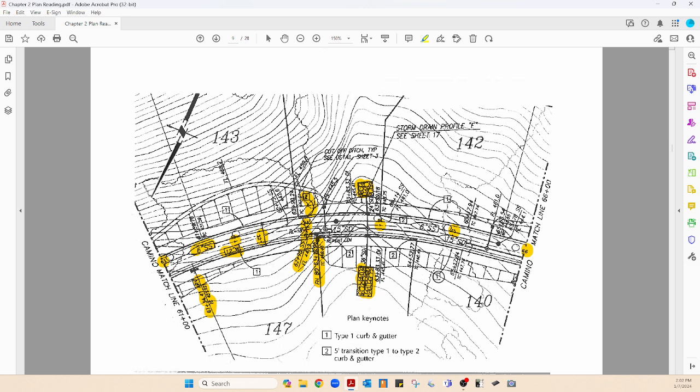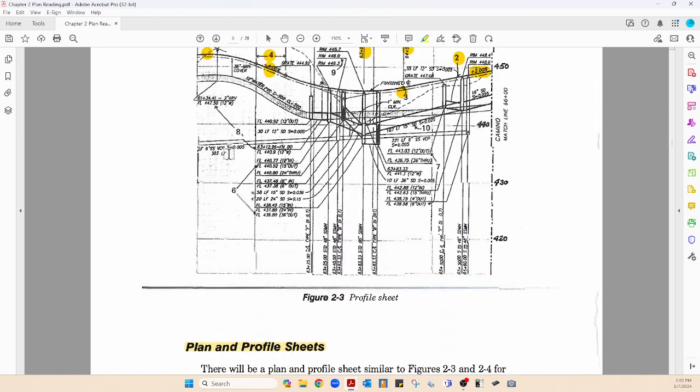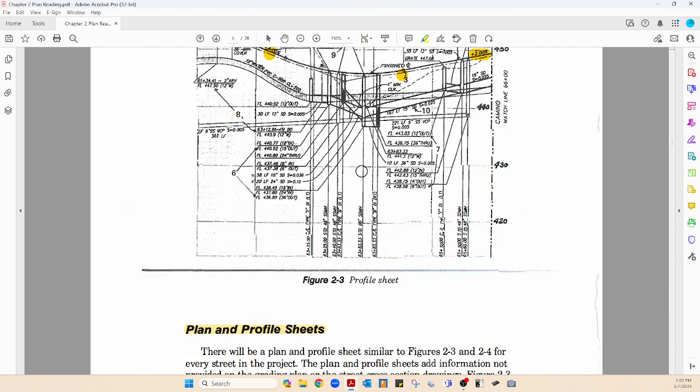The arrows point to lines indicating the length of the 2 vertical curves. So let's find those on this sheet. Everybody knows what a vertical curve is, I believe. Right now, you don't see a vertical curve because we're up in the air. If we go back here, these are the vertical curves that it's talking about.